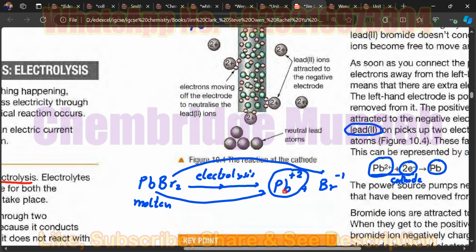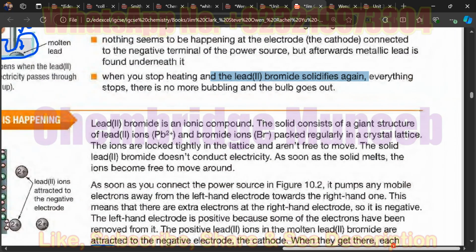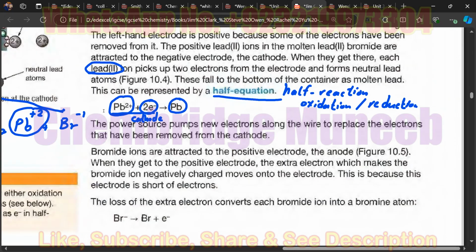They will be attracted towards the negative electrode, which is the cathode. On the cathode, the reduction reaction occurs by gaining electrons, and the metal lead is produced. That lead is constantly being supplied heat, so the lead produced will be in its molten form underneath the electrode of the cathode.